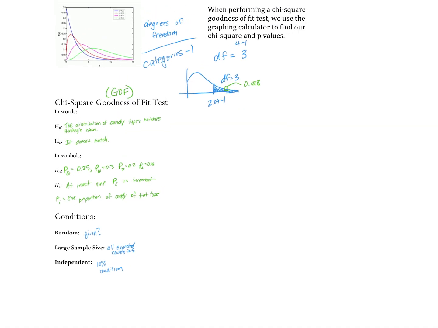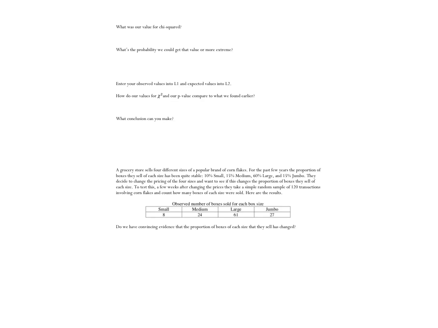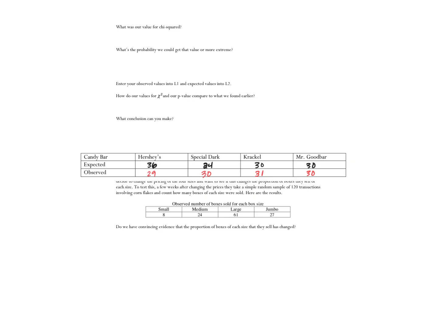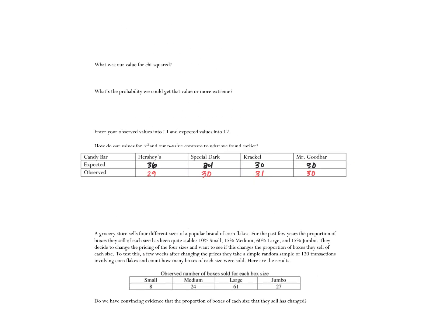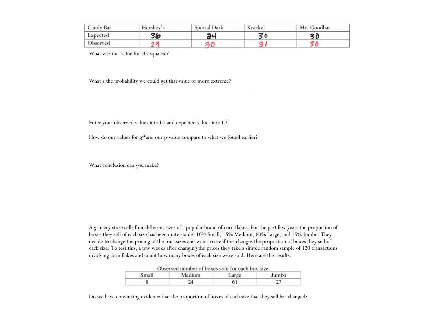So, we have to be able to calculate chi-squared. Our value for chi-squared was 2.894, right?